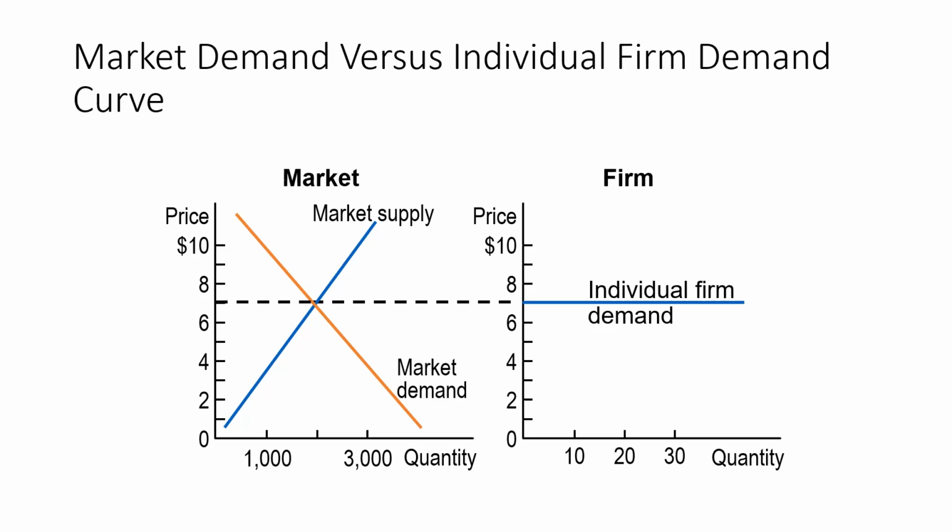So the market represents all the suppliers and all the demanders in the market. Therefore, through demand and supply, they will determine the price. Then what can the single firm do?